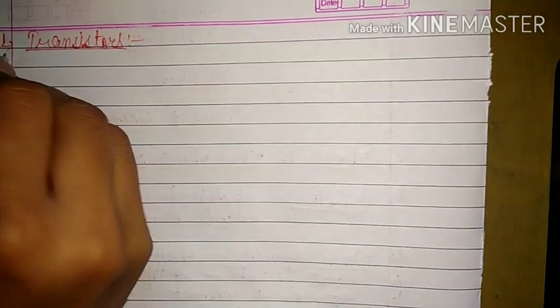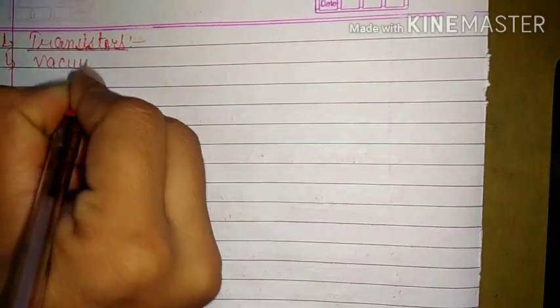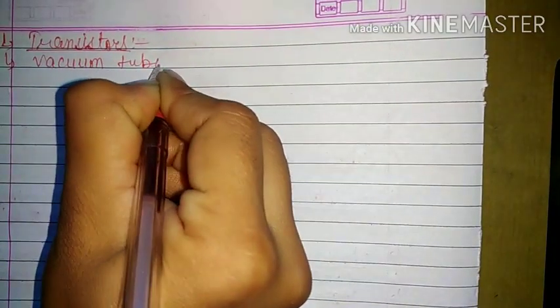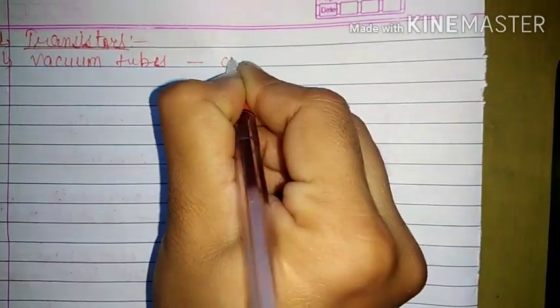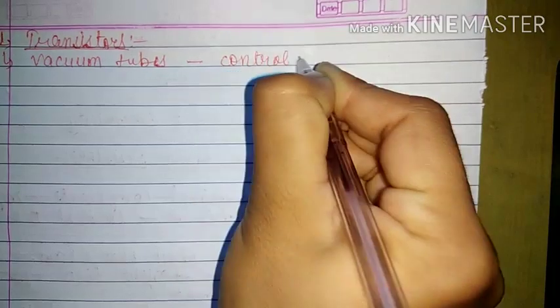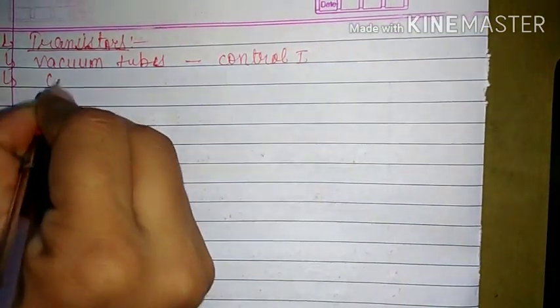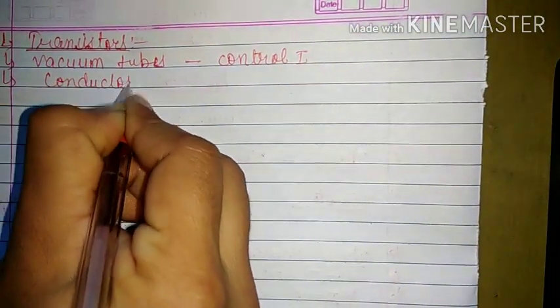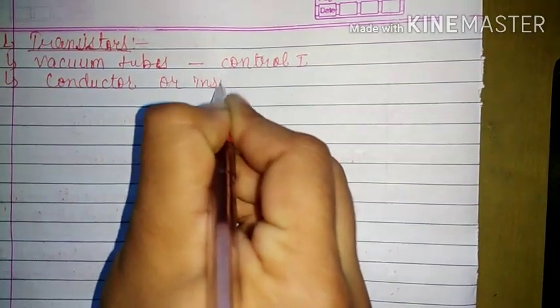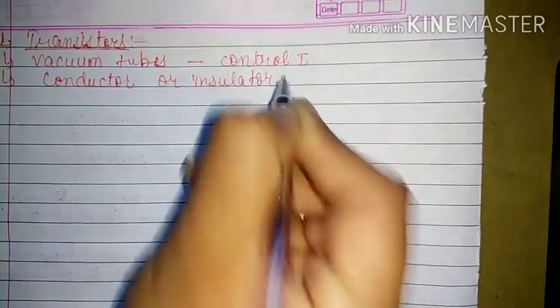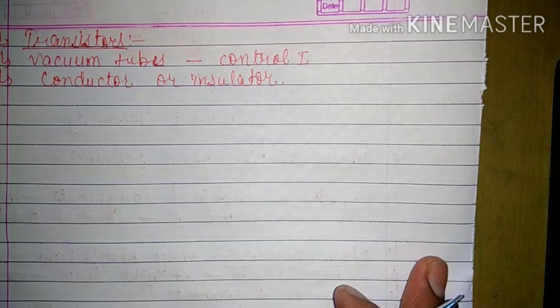These are the same as vacuum tubes, and they control the amount of current, that means they act as conductor or insulator, because either they will allow the flow of current or they will stop the flow of current.